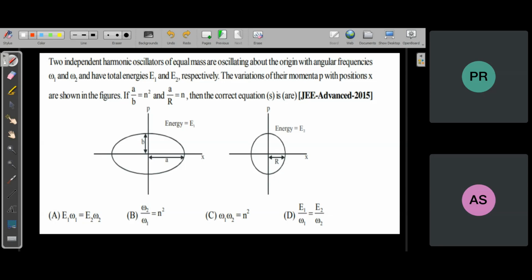Getting the equation in proper ellipse form, you will get the value of A and the value of B. After getting the values of A and B, you will get the n value. So try.